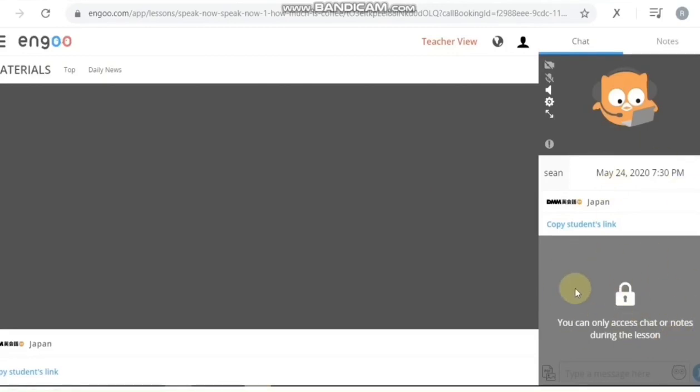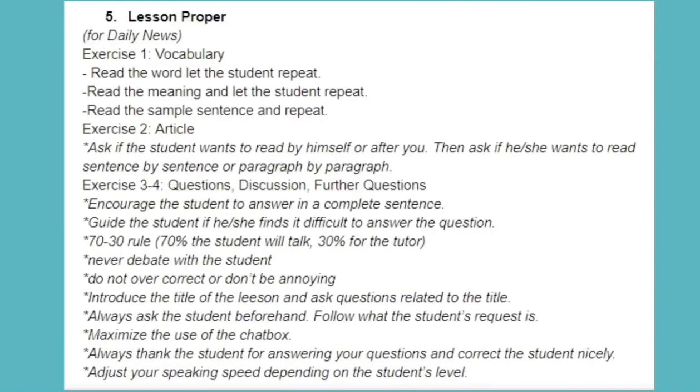Here you can already access the chat during the lesson. That will be your blackboard for your class. Always ask the student first beforehand if he wants to read the article by himself or he wants you to read it first and he will repeat, and then ask also if he wants to do it sentence by sentence or paragraph by paragraph. It all depends on your student's choice.